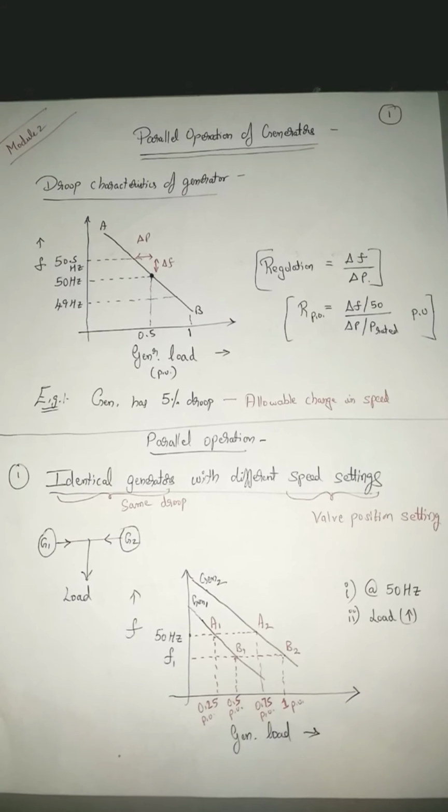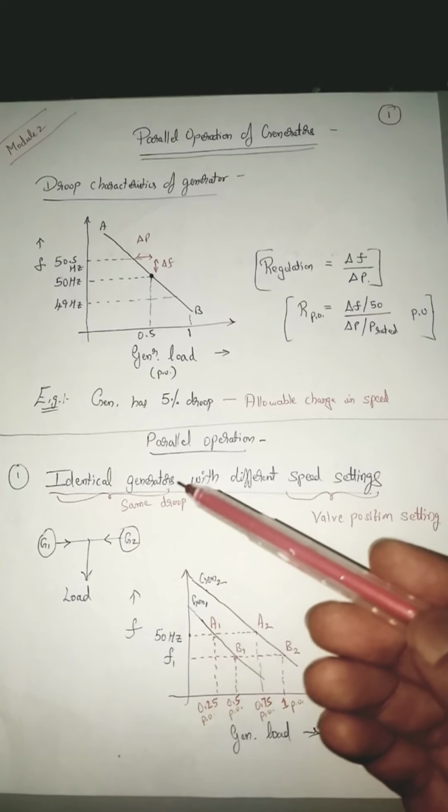It is like a door which allows steam into the turbine. One door allows 30% of the steam to enter and hit the turbine, the other allows 50%. That is what we mean by different speed settings. Though the same speed is achieved, the valve adjustment differs. That's why we call it different speed settings.